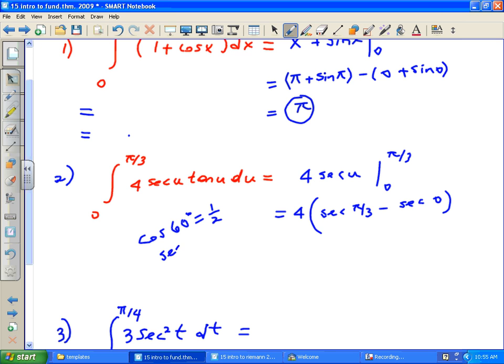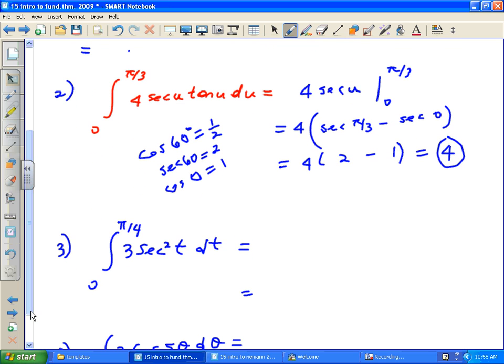So secant of 60 degrees will be 2. So here we're going to have 4 times 2 minus, what about cosine of 0? Cosine of 0 is 1, so secant of 0 is 1 as well. So we're going to have 4 times 1. In other words, the answer will be 4.